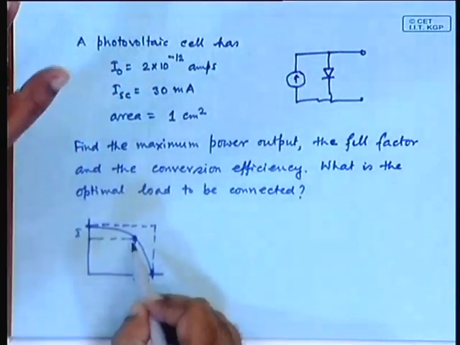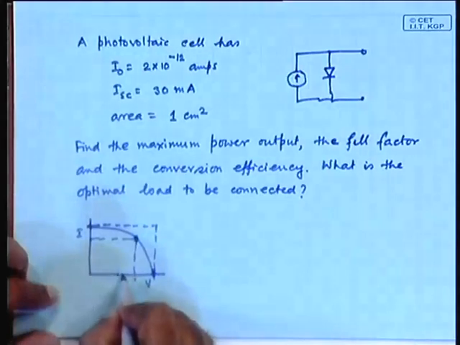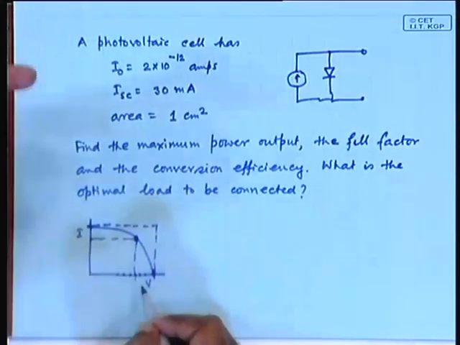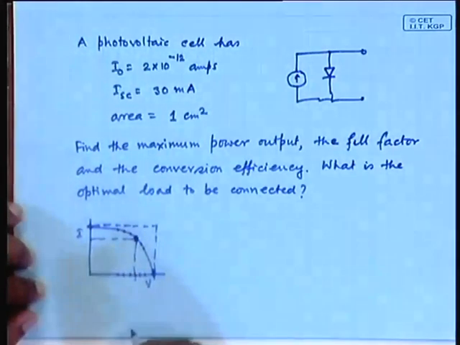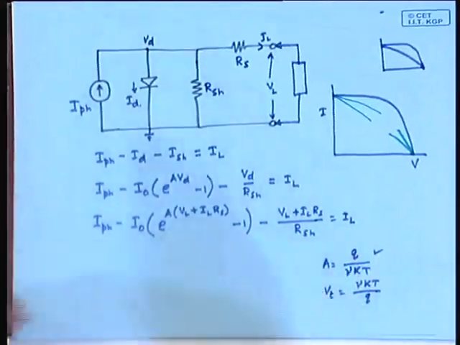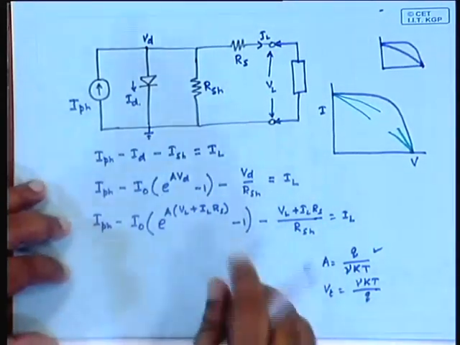All you need to do is, for different values of the voltage, calculate the current. Okay, can you do that? Not difficult at all, because all you need to do is to put those assumptions into this equation, make it simple enough, and simply put the values.